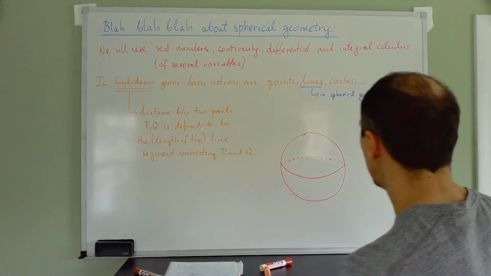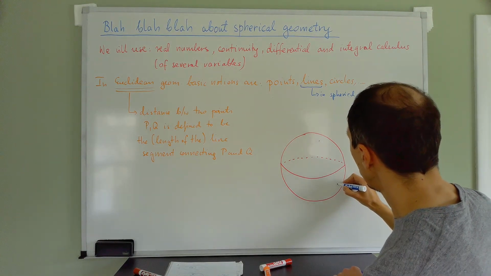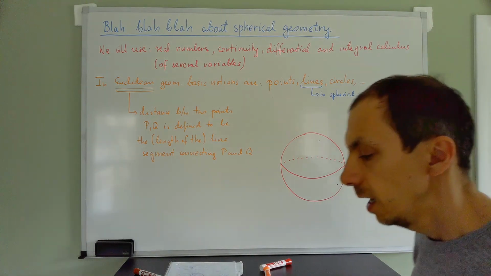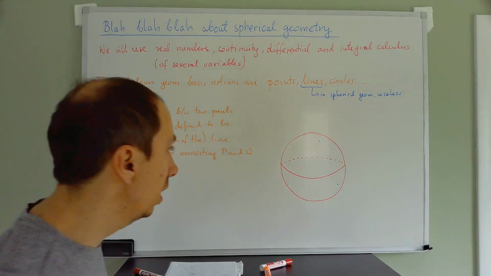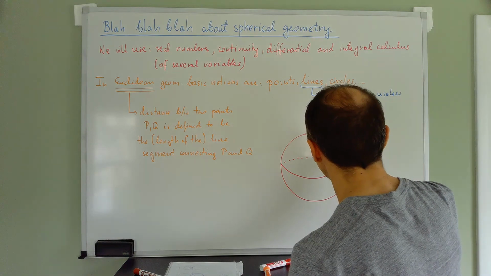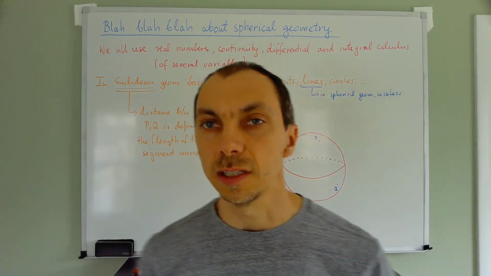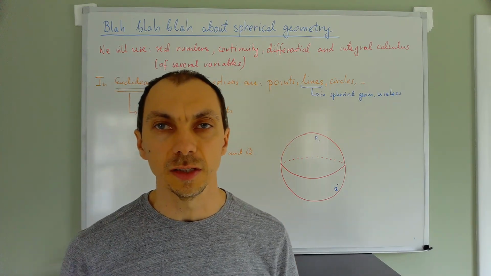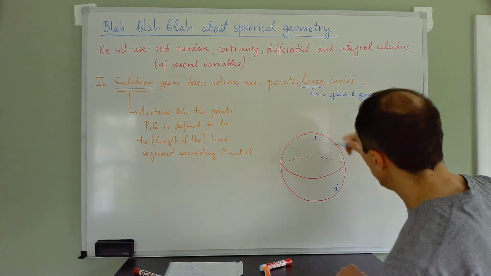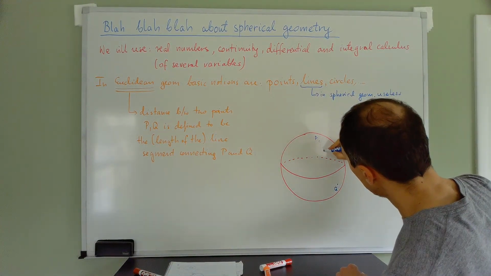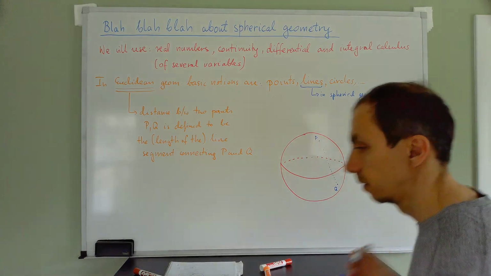Suppose that I take 2 points on the sphere, 2 cities on the planet Earth, city P and city Q. What is the distance between these 2 cities? Well, if I think of the sphere as living inside 3-dimensional space, then to be strict, the distance between them would be the length of the line segment that connects these 2 points.